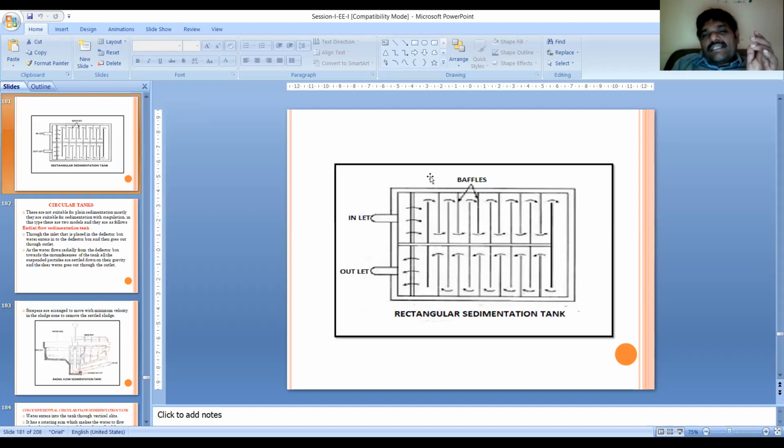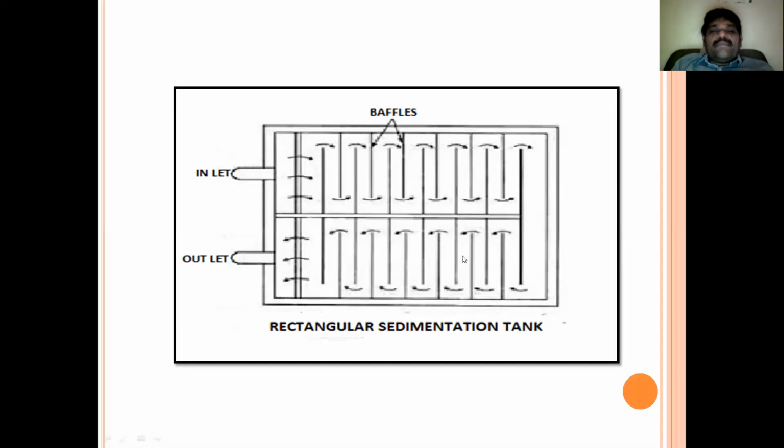In plain sedimentation, what happens? These rectangular sedimentation tanks are more suitable for plain sedimentation, where the water is allowed to cross these baffle channels while passing through the units.